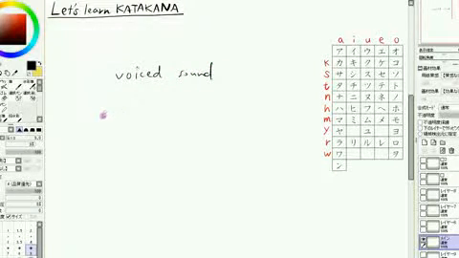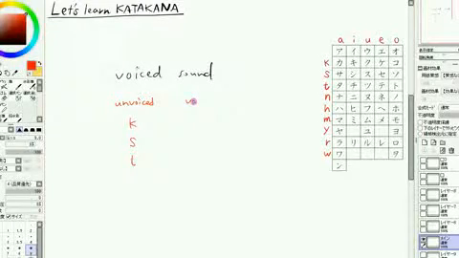Voiced sounds. There are two types of sounds: unvoiced sounds and voiced sounds. For example, K, S, or T, these consonants are called unvoiced or voiceless sounds.